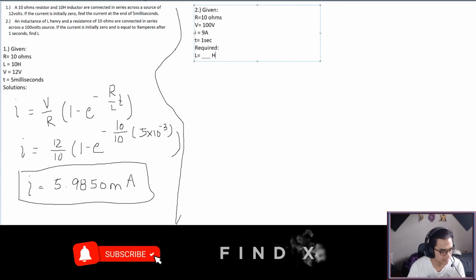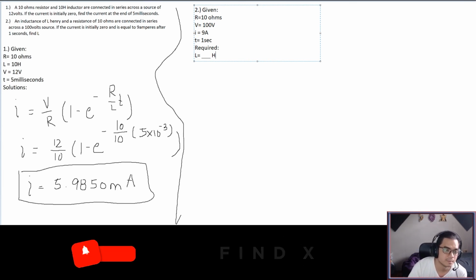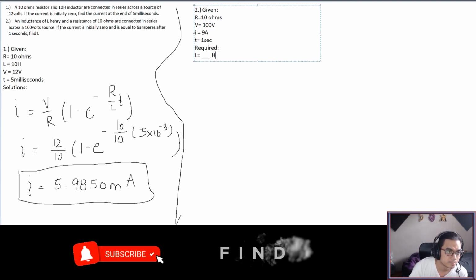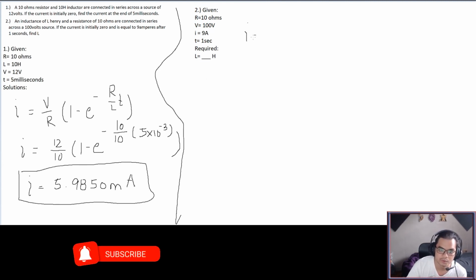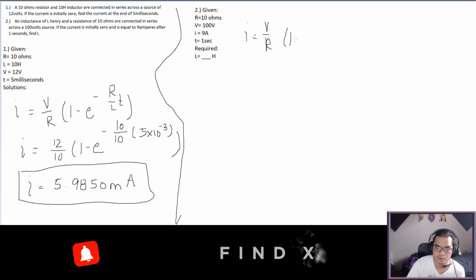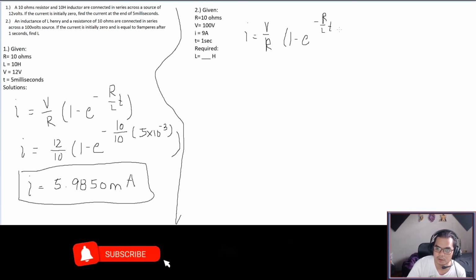So it's still the same. Sorry about the alarm. The formula is still the same: I equals V over R times 1 minus e raised to negative R over L T. Let's substitute all the givens that we have.